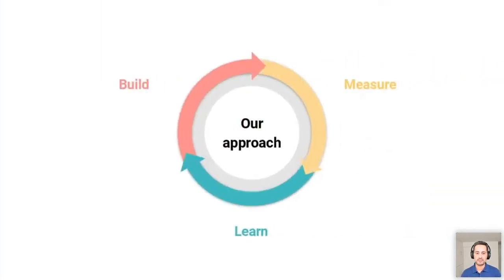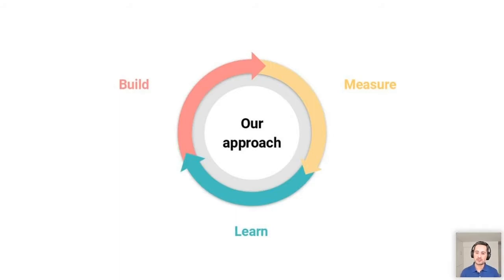The methodology that we use to build this as a product is the build, measure, learn loop that was popularized by Eric Ries in his lean startup or lean product development methodology.